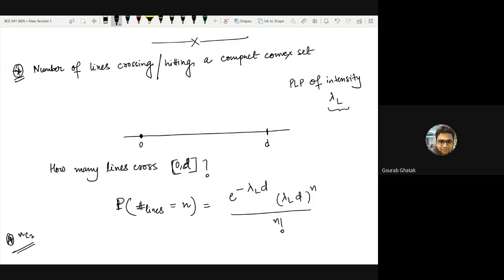But as it turns out, suppose I give you a modified version of the question. Instead of looking at this line, if I look at an infinitesimal rectangle of width dx, which is very, very small, dx tends to 0, would your answer change?